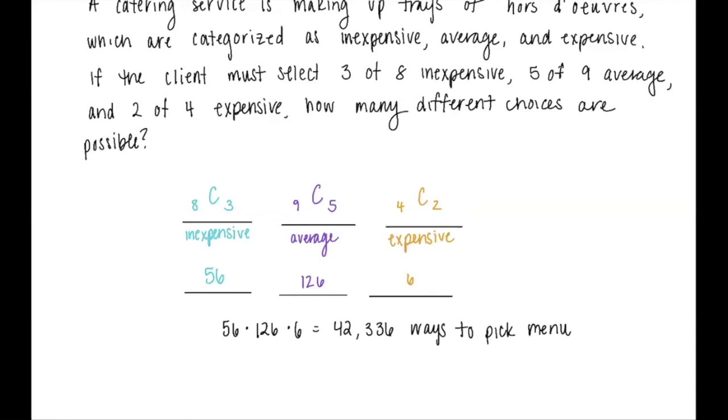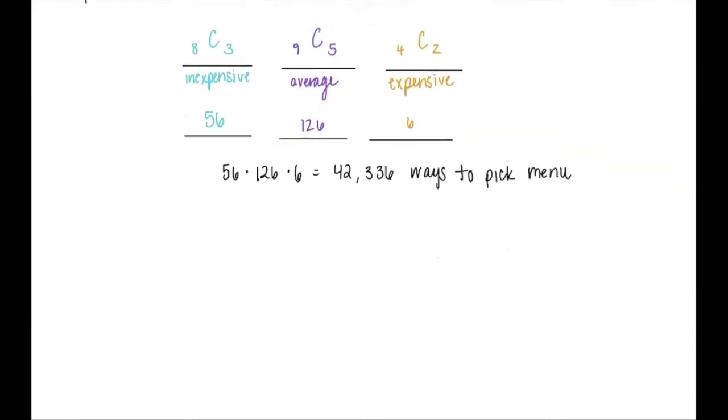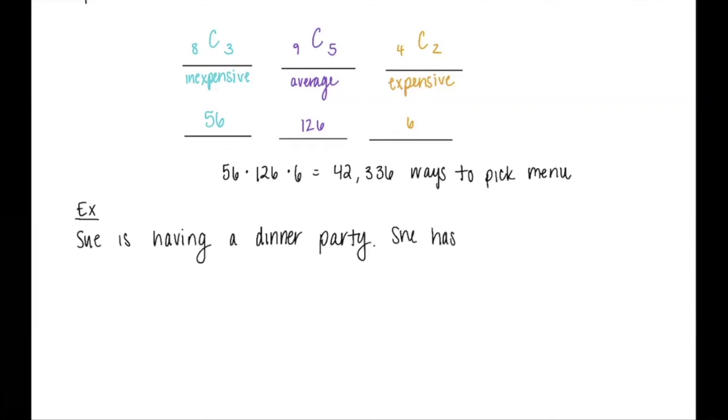All right. So I really just have 2 more examples. We'll do another one similar to this, but we are almost done here. Suppose Sue is having a dinner party. She has 10 different bottles of red wine, and 8 different bottles of white wine.